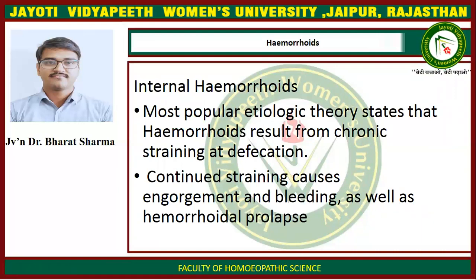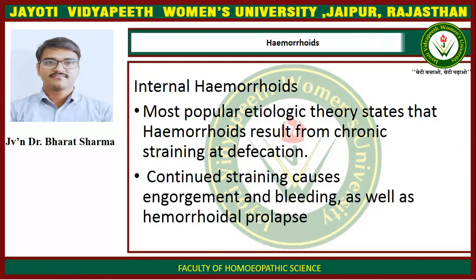Now, for internal hemorrhoids, the most popular etiological theory states that hemorrhoids result from chronic straining at defecation. Continued straining causes engorgement and bleeding, as well as hemorrhoidal prolapse.